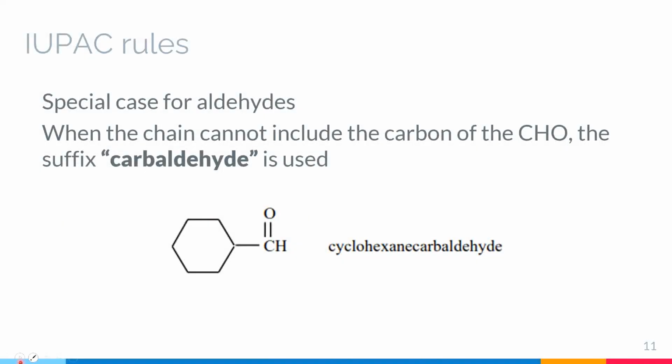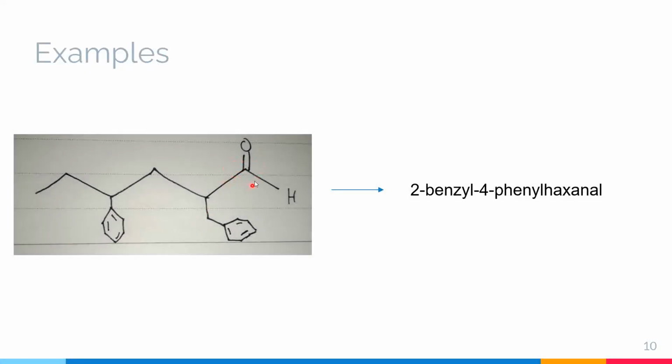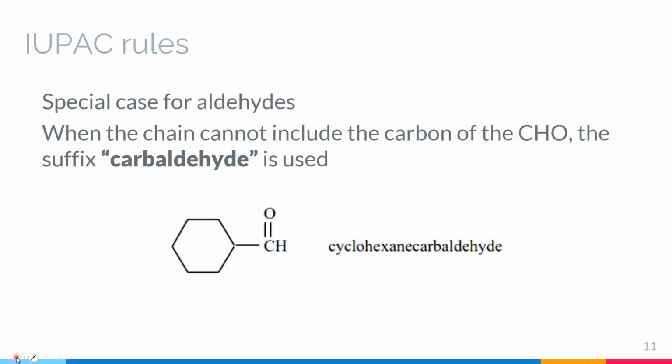Next up, another special case. What if the chain cannot include the carbon of the CHO? The carbon is separate from the chain, unlike these ones where this carbon is part of the chain. What if it can't do that? Then we just use the suffix carbaldehyde. A little trick.